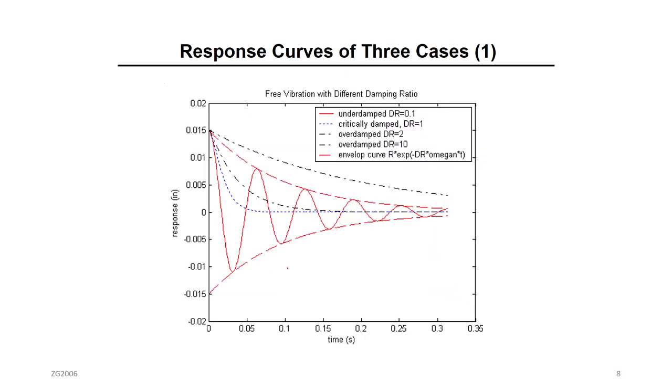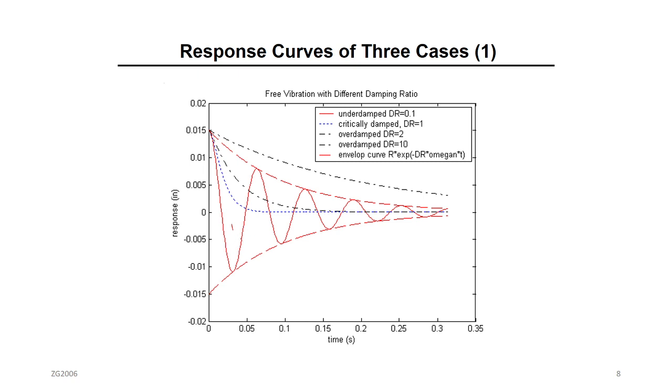This is a MATLAB plot for different cases, similar to what we talked about. So my question: which response of these is the underdamped system? Underdamped means zeta between 0 and 1.